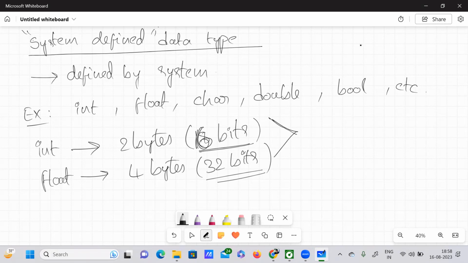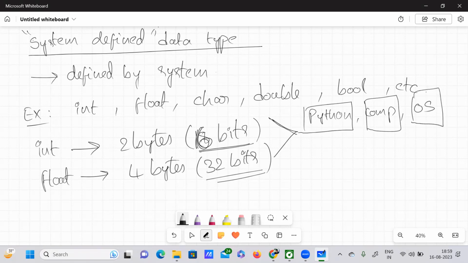For example, someone may use the Python programming language, someone may use some different compiler, and someone may use some different operating system. Depending upon the programming language, the compilers, and the operating systems they use, this particular size would vary.